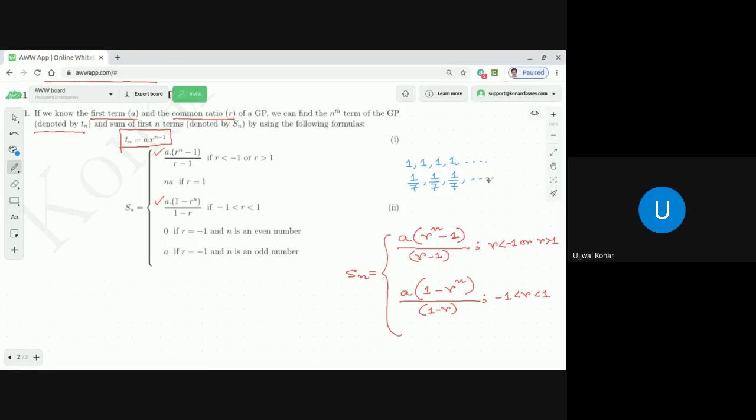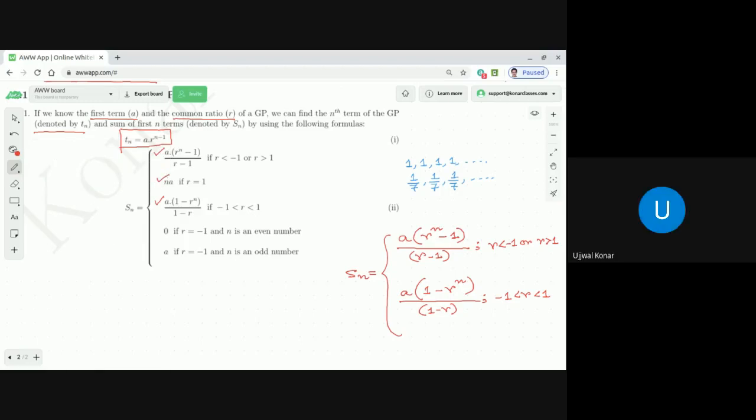It is so obvious. You can say this series is in arithmetic progression also, with common difference 0. It is also in geometric progression with common ratio 1. So if you add up to the n terms, it will be n into the first term. That's why n into A, correct, dear students? This is the case if R equals 1.